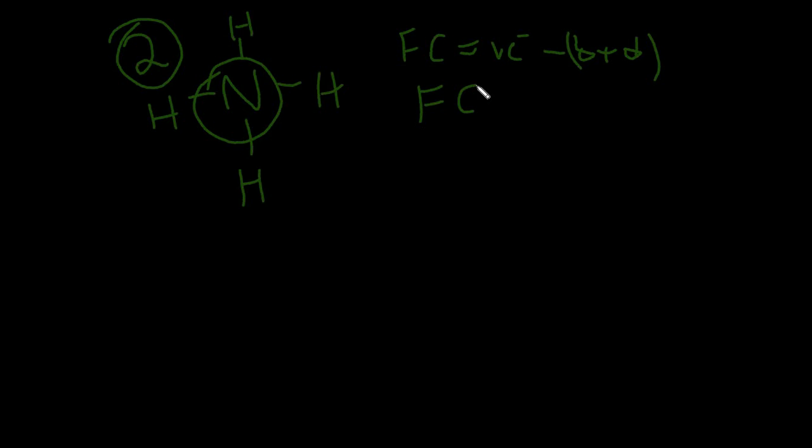So let's see. Go over to your periodic table. Nitrogen has 5 valence electrons. How many bonds are there? We have 1, 2, 3, and 4. So that will be 4 plus dots, 0. Now you have 5 minus 4, which equals 1. So the formal charge of that nitrogen is positive 1.